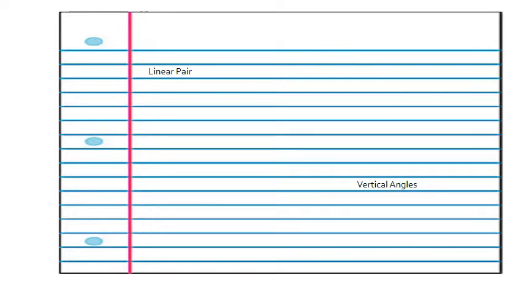Now the deal behind all this is learning what the four special angles do, because they're going to allow you to set your equations using the angle addition postulate to equal 90 degrees if they're complementary.